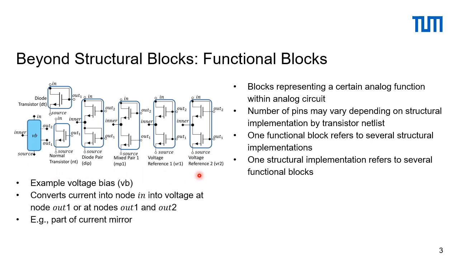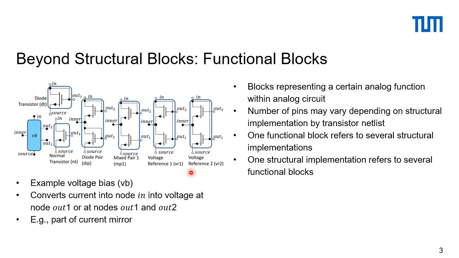So there is something special about this relation, functional block to structural blocks. On the one hand, you can see that depending on the implementation, there may be additional pins, right? The number of pins of that functional block is not fixed. And then, of course, for one functional block, as you have a degree of freedom in design, there are many structural implementations.